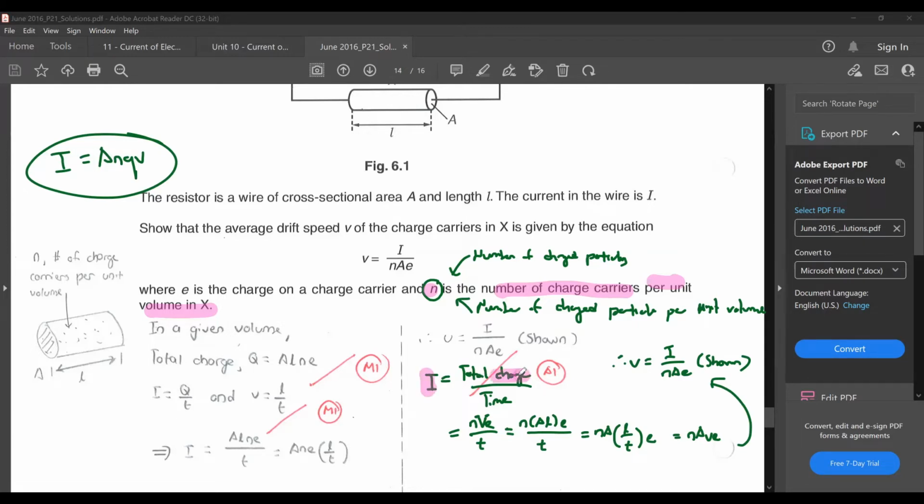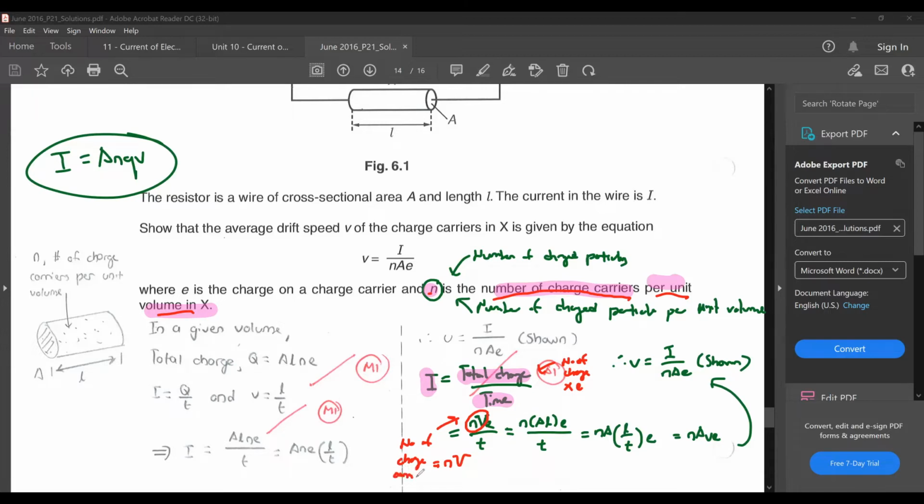The simplest way when you want to derive the drift velocity equation is always this one: I is total charge divided by time. Total charge would be equal to the number of charge carriers times E. The number of charge carriers is NV, because N is number of charge carriers per unit volume, and if you multiply with V, you get the number of charge carriers.